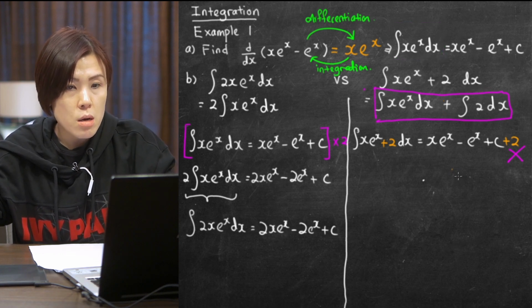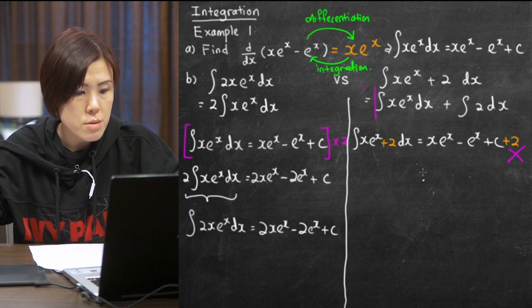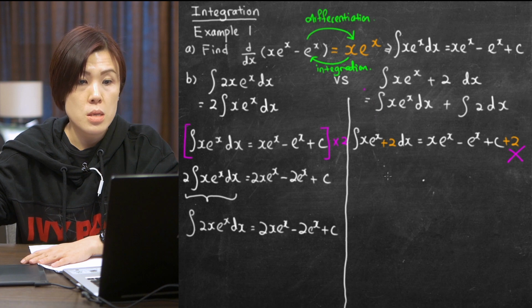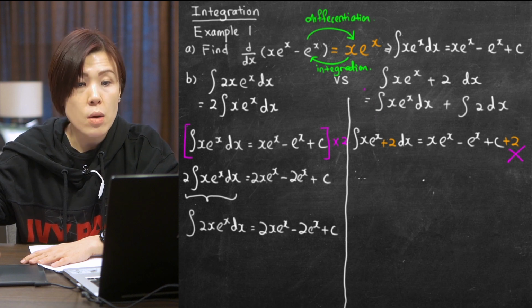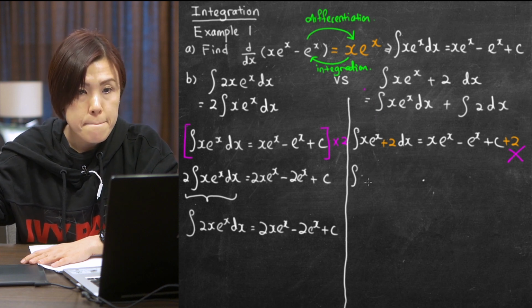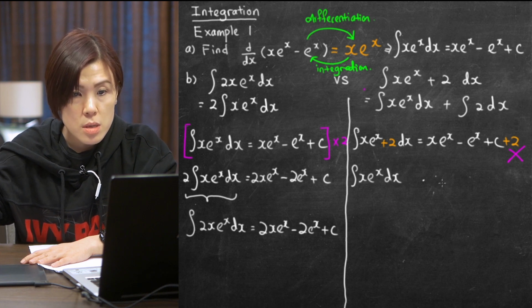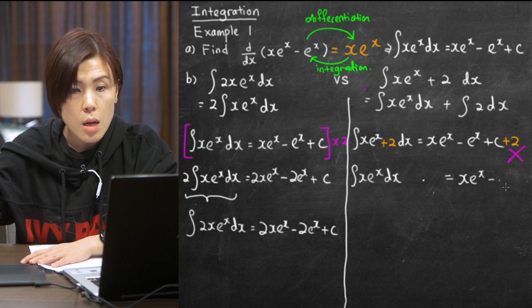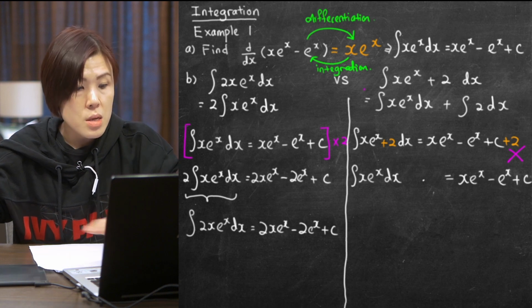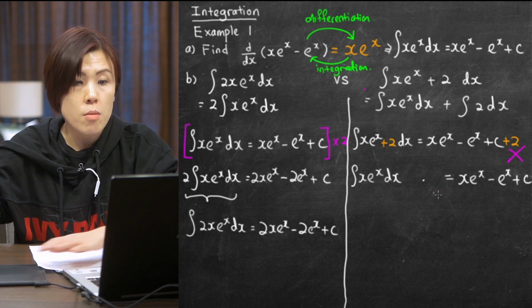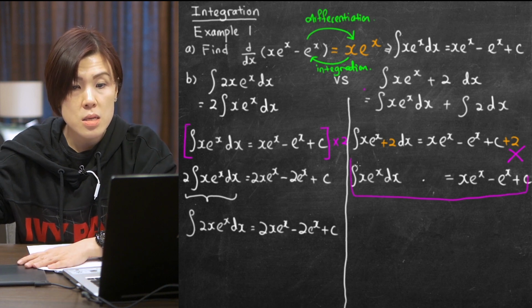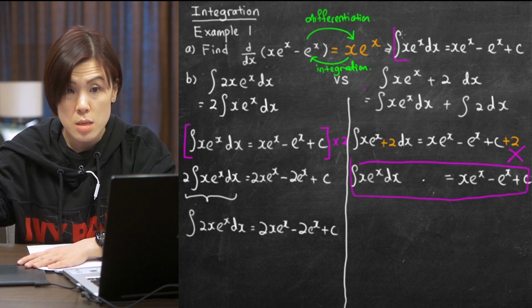So the correct way of doing this integration. Okay, let me write down the result again that we obtained from part A. So we have this. This is the result we obtained from part A. This is the same as this.